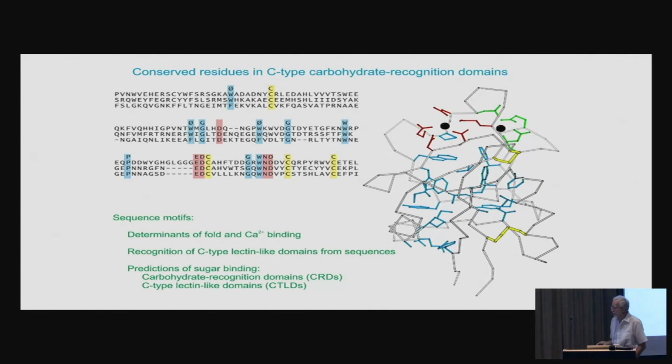And so we make this distinction between the carbohydrate recognition domains, the CRDs, and the C-type lectin-like domains that would have a similar fold, but we would not make a sugar binding distinction. And so unfortunately we get lots of interest from people who say, oh, we have a domain that comes up with the C-type lectin domain. Can you help us study sugar binding? And we have to sort of tell them it probably doesn't, and we probably can't help you.